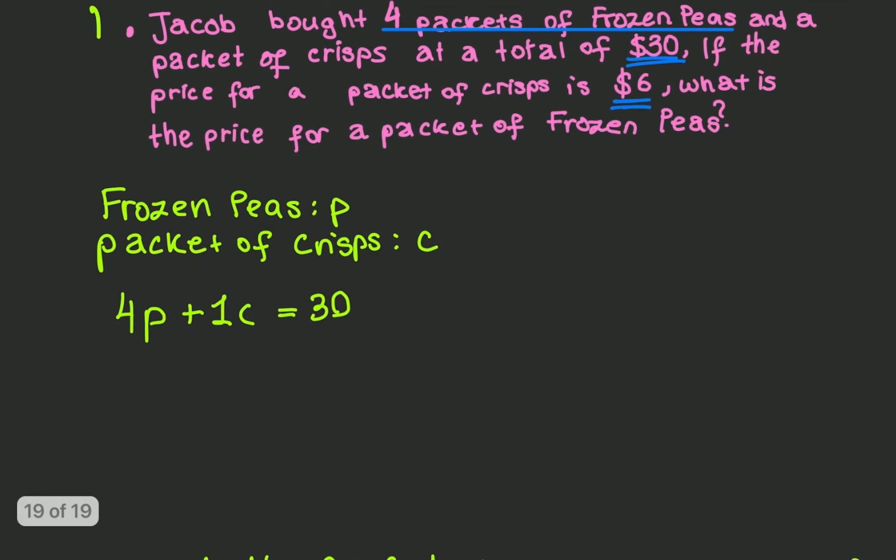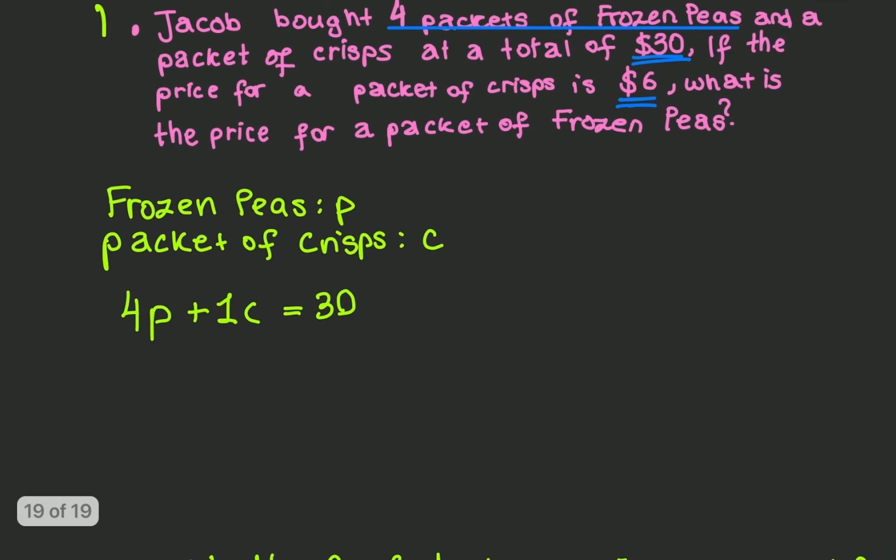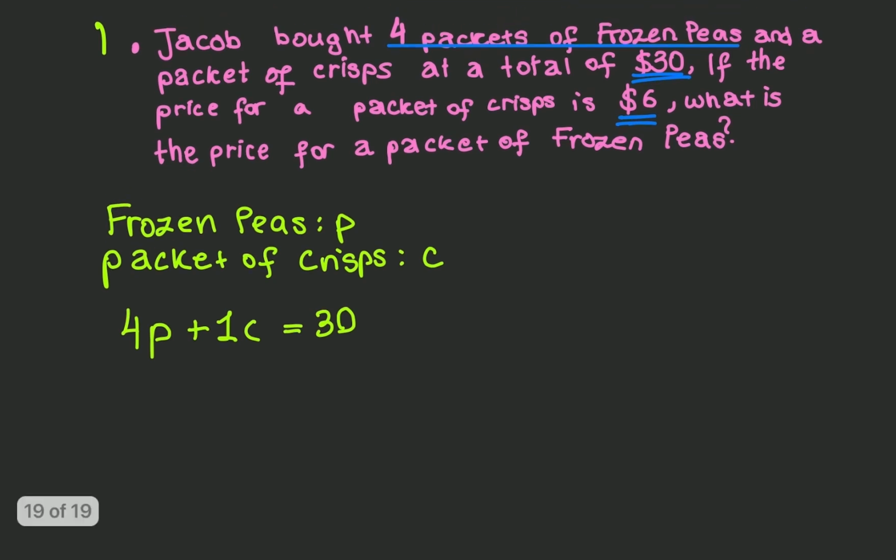Alright, now with this standard equation here, let's input the data as we have further. If the price for a packet of crisps costs $6, what is the price for a packet of frozen peas?